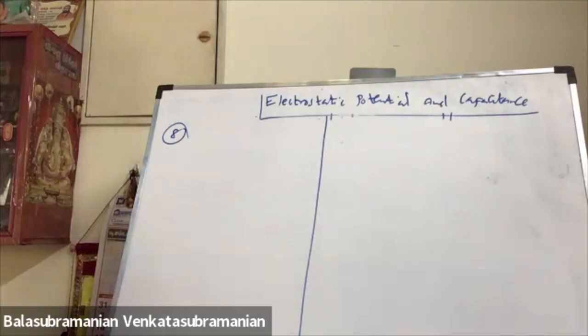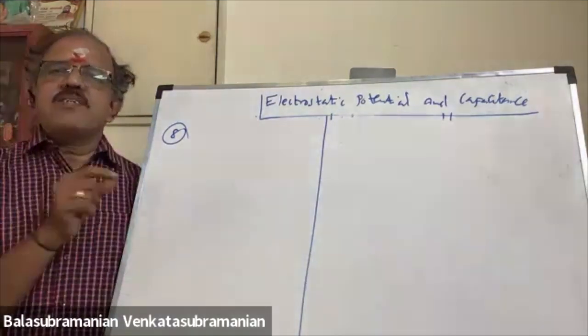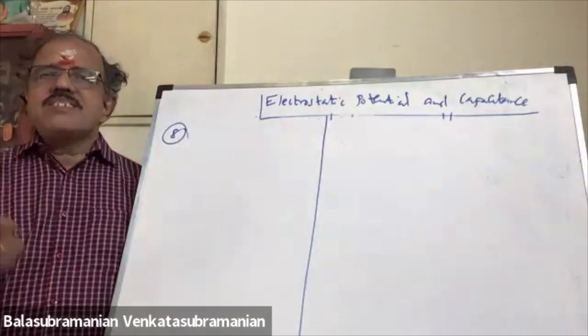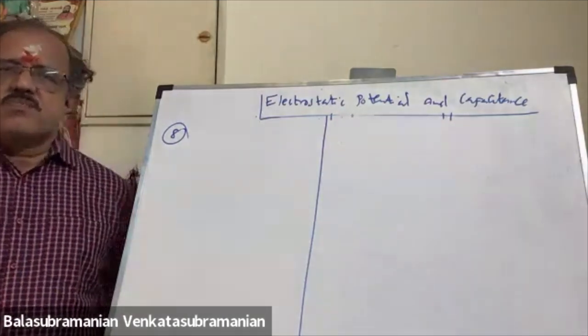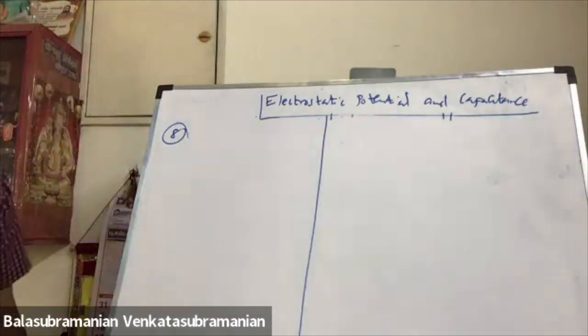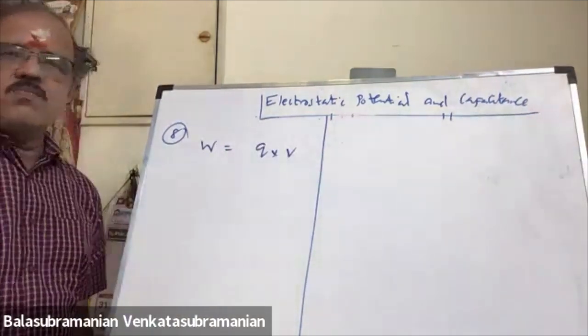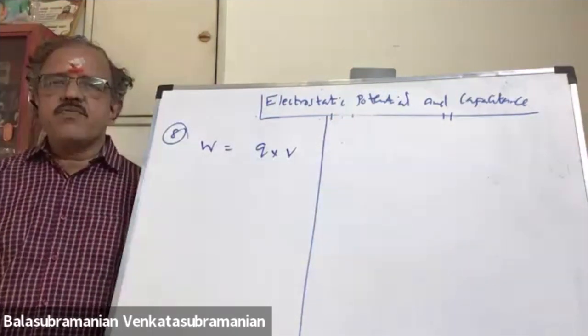Eighth problem. How much work is required to carry a 6 microcoulomb charge from the negative to the positive terminal of a 9-volt battery? Negative to positive, you are carrying a charge. How much energy is required to carry it? Simple question. Basic formula for work done or energy: in the case of a capacitor, work done is charge into potential. W is equal to Q into V, straight formula.